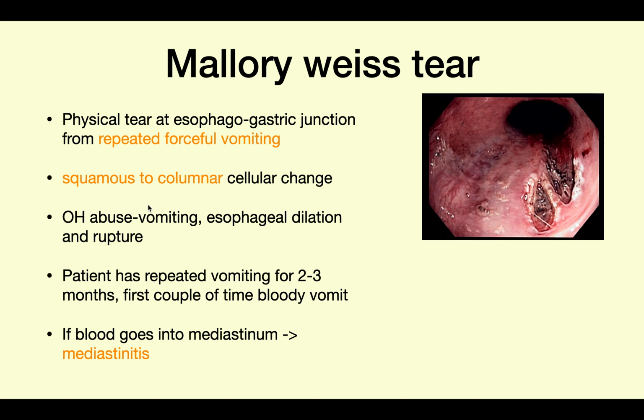In alcohol abuse, there's going to be vomiting, esophageal dilation, and the rupture because of the forceful vomiting. So patient's going to come in and they're going to say, oh yeah, I had repeated vomiting for like 2-3 months, and the first couple times it's bloody, and now it's not. So that means that the cellular change has been basically complete. So now we got to be worried about neoplasia.